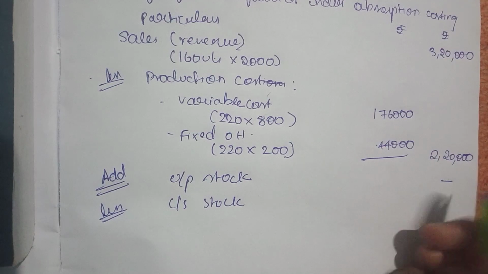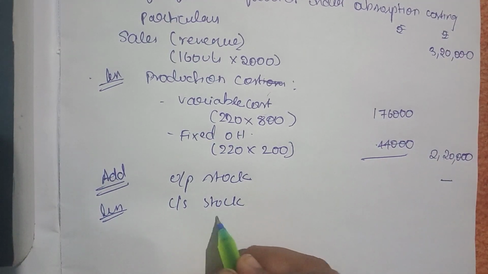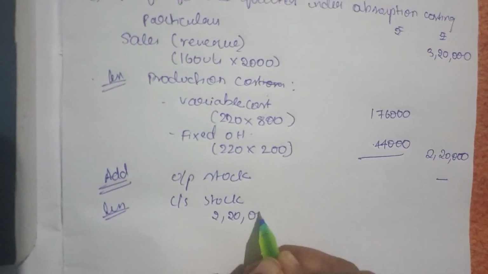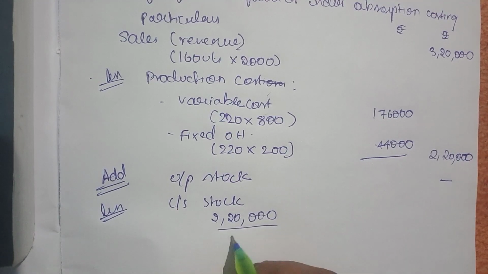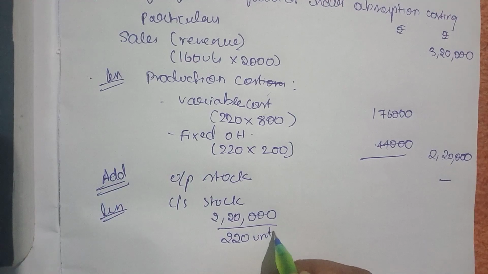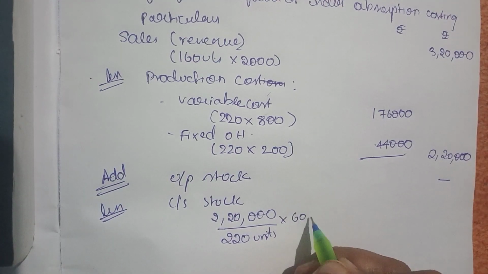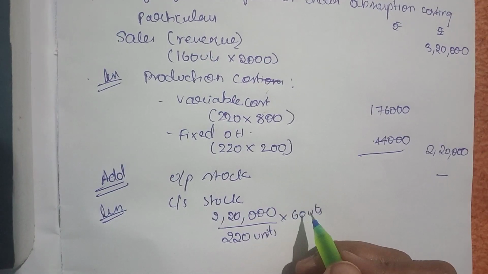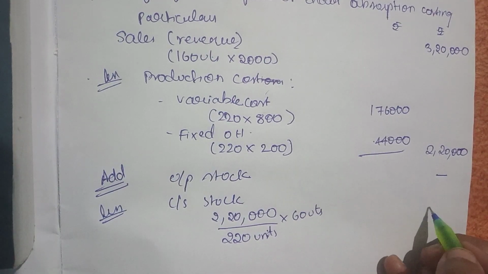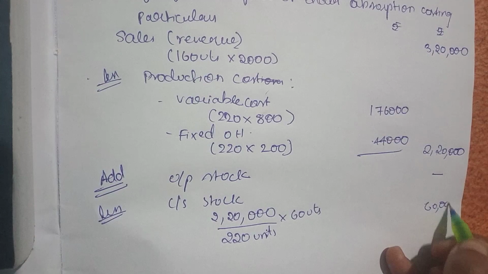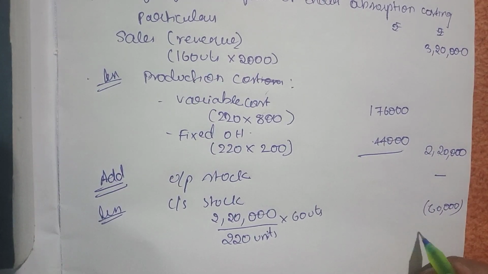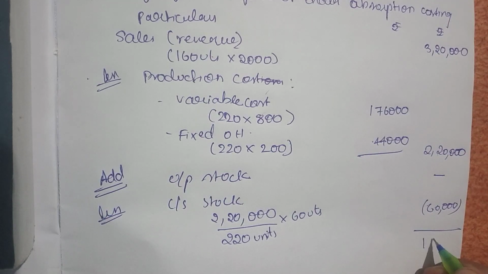So take this 2,20,000 amount divided by 220 units, this is for 220 units, and out of that 60 units is the closing stock. So that will be 60,000. Put a bracket for minus symbol. Then we get 1,60,000.